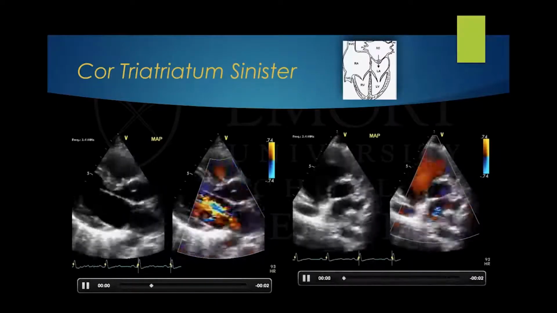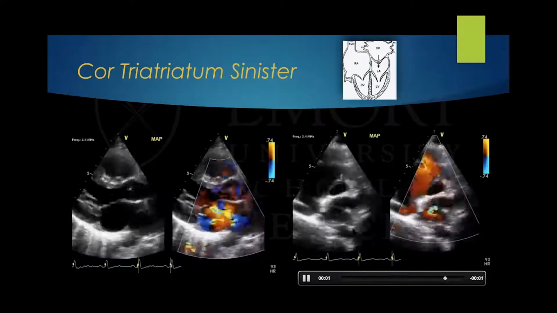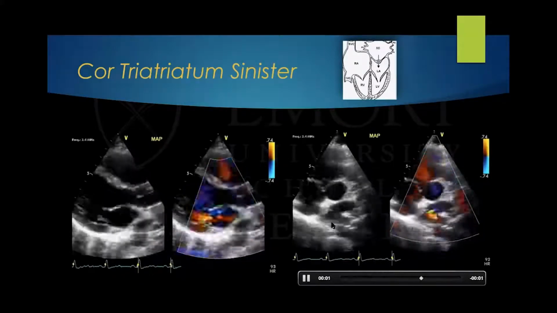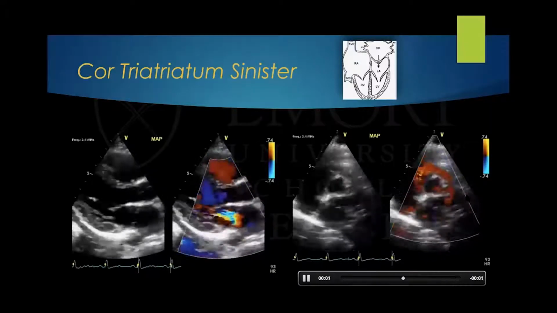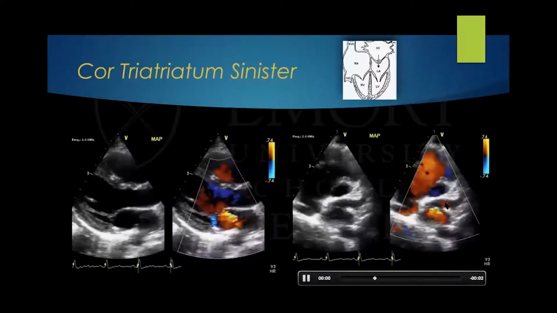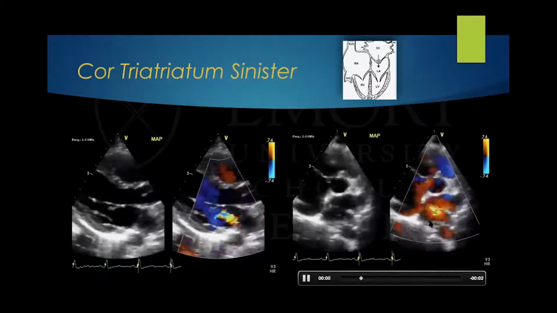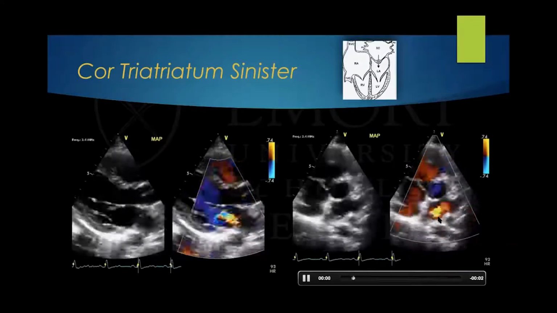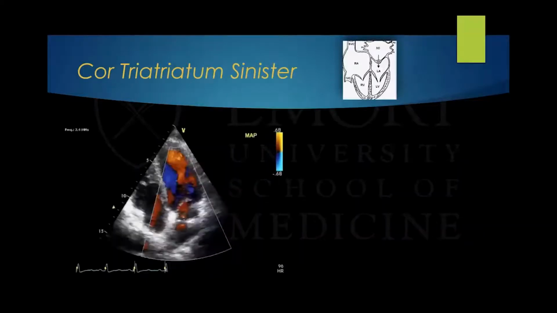In the short axis, you can appreciate the anatomy of a Cor Triatriatum Sinister, where the pulmonary veins are draining into the superior portion of the atrium. And then the distal portion will have the left atrial appendage and the mitral valve. And the color flow in the middle demonstrates the true orifice and the stenosis of the pulmonary veins.